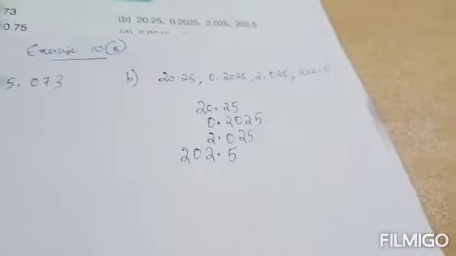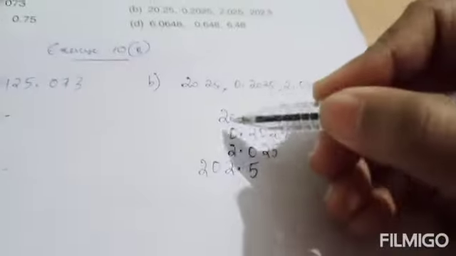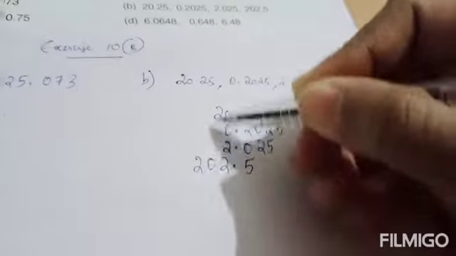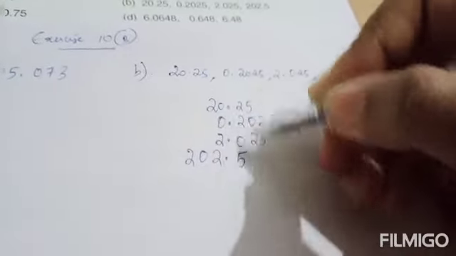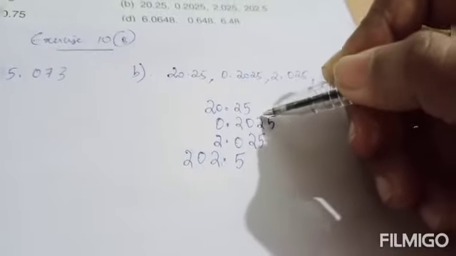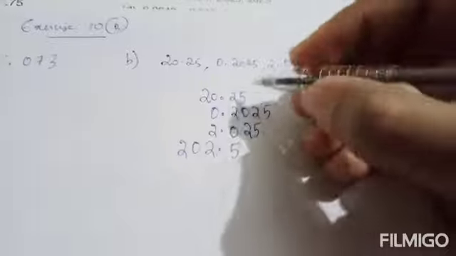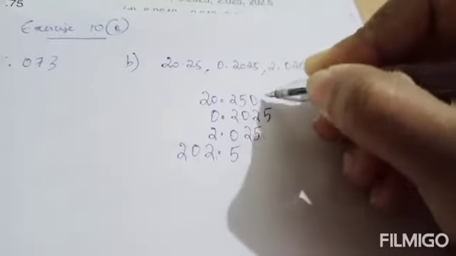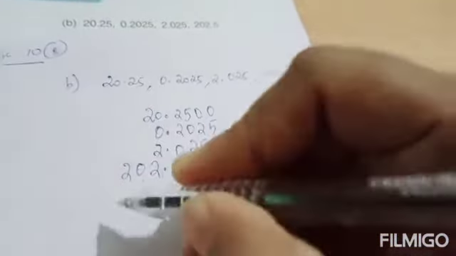Okay, we write the numbers in column form such that their ones place digit comes under the same column, tens place, hundreds place, then the decimal point, then tenths place, hundredths place, thousandths place, then ten-thousandths place. Okay, here after the decimal, if no digit is there, in those places you can put zeros.